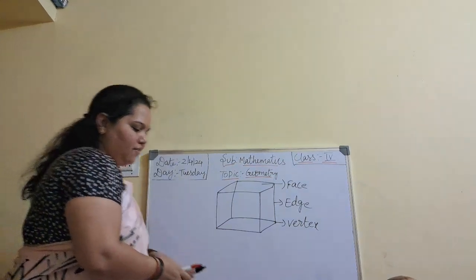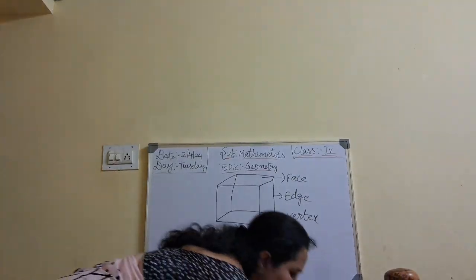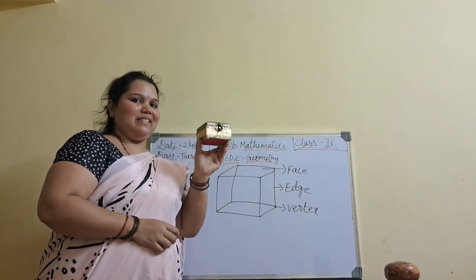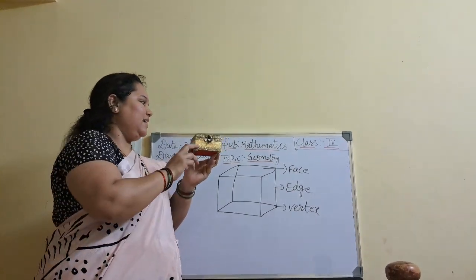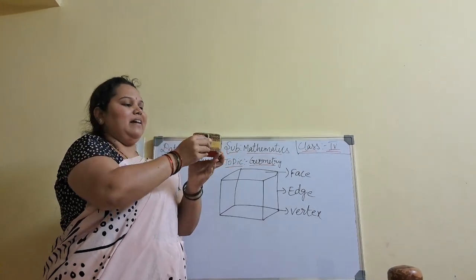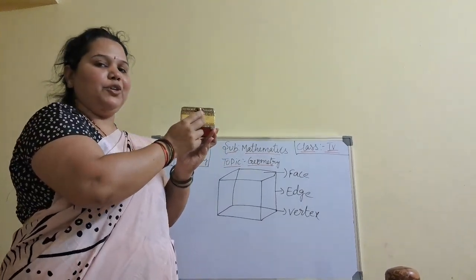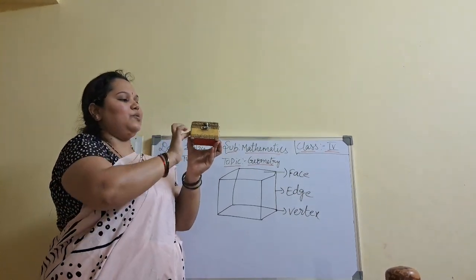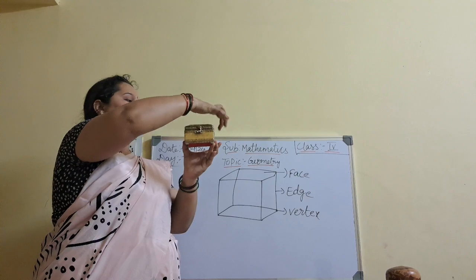Okay, we have here the example of mother's jewelry box. See here, she can keep anything inside. So this is the example of a cube. See, how many faces do we have here? 1, 2, 3, 4, 5, 6.